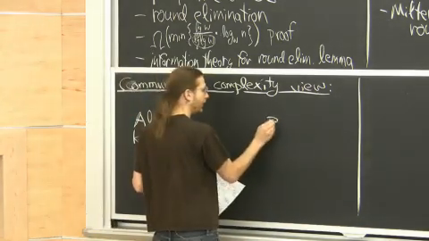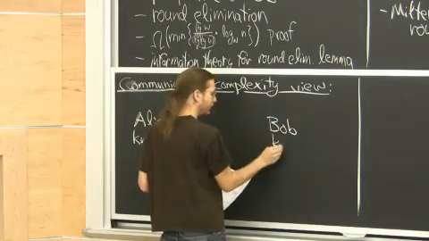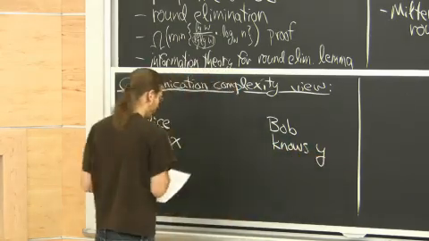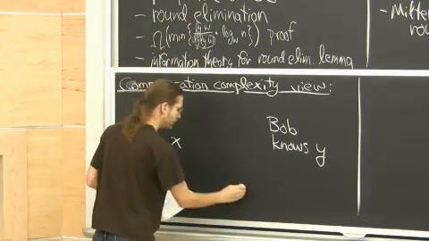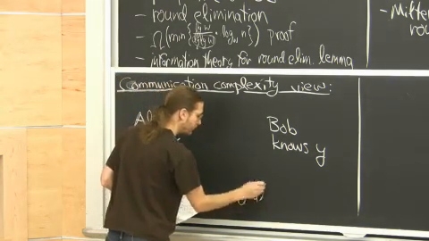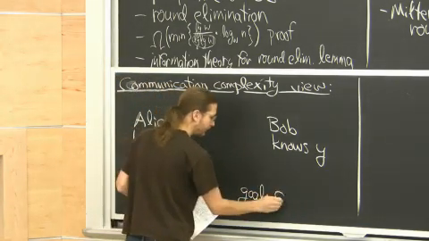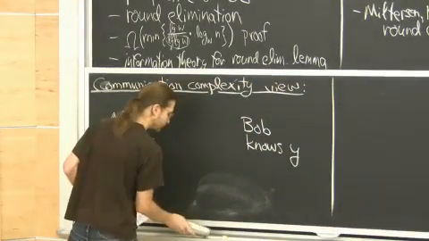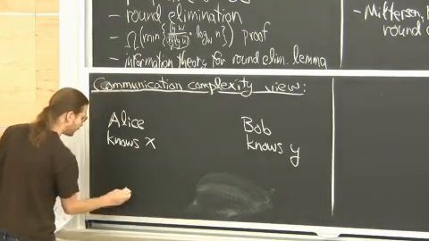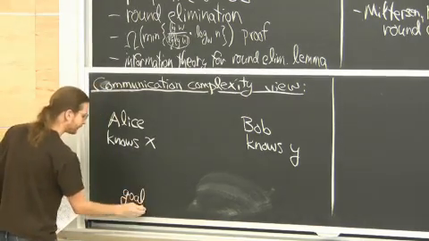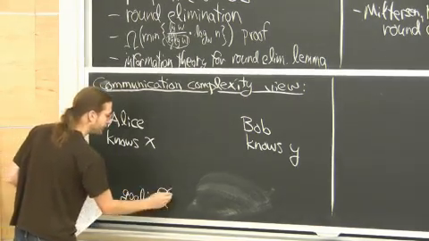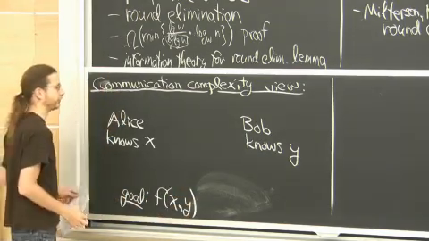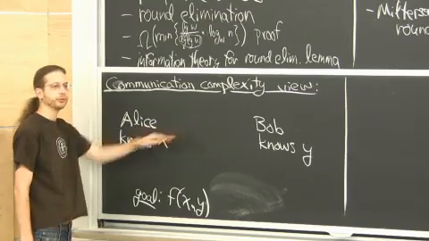Over here we have Bob, who knows some value y. Their collective goal, they're trying to cooperate, is to compute some function of x and y. The trouble is only Alice knows x and only Bob knows y.